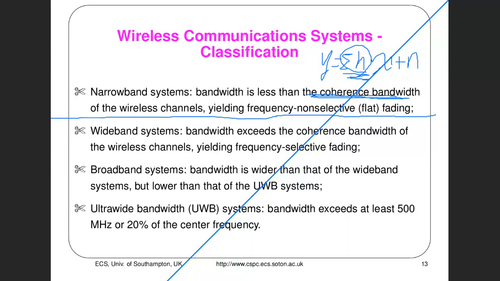So basically, if the signal bandwidth becomes bigger than the channel bandwidth, then the signal cannot go through the channel without any harm. That system is called a wideband system, and the fading of that type is called frequency selective fading.